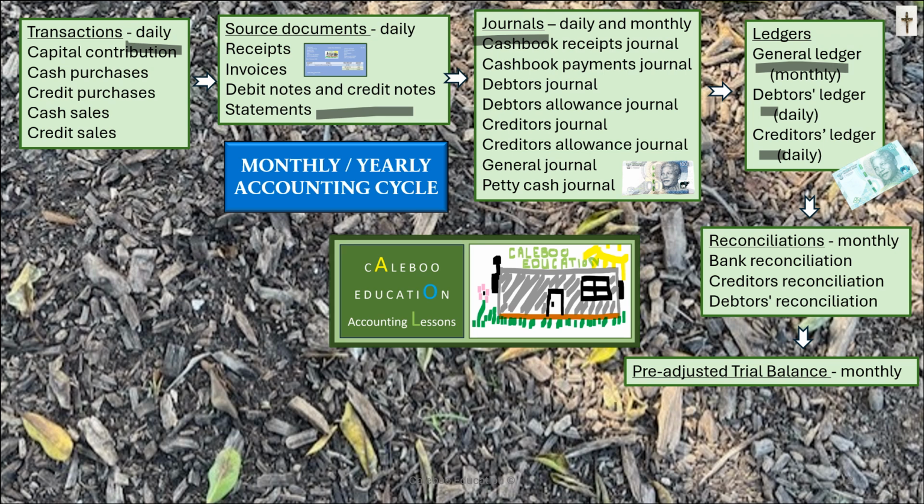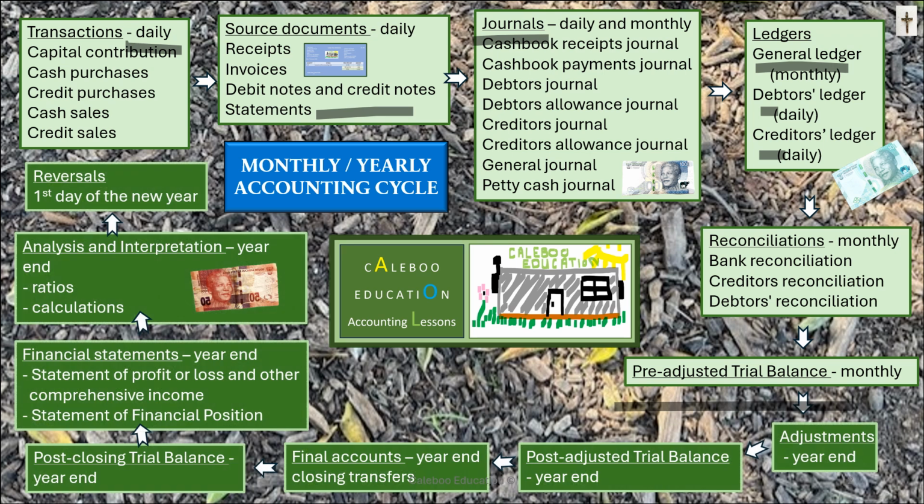And then a trial balance is drawn up at the end of each month. It's known as a pre-adjusted trial balance. Then at year end, information is recorded where we determine the financial result and the financial position of the business.